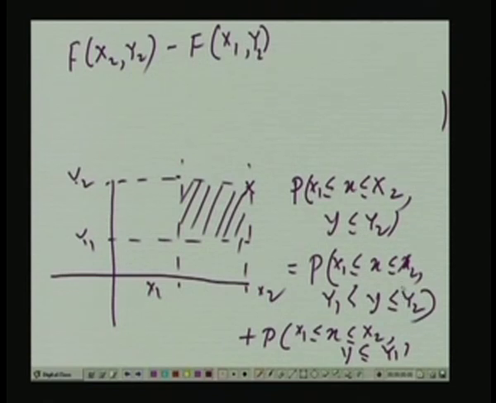Okay, and take this quantity to the left, so the sign gets reversed. Originally this was f of x2 comma y1, now that comes with a minus sign, and the other quantity which was present with a negative sign, what is that quantity? F of x1 comma y1, that comes with a positive sign.